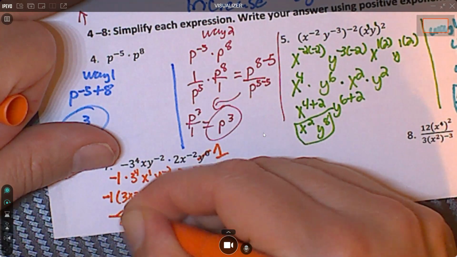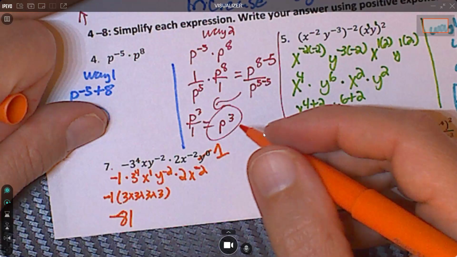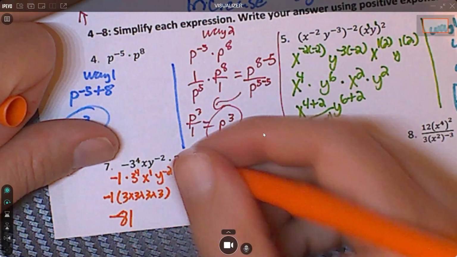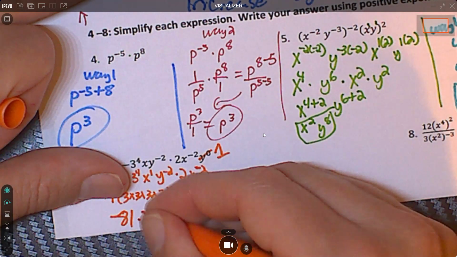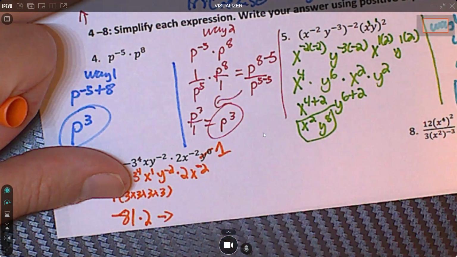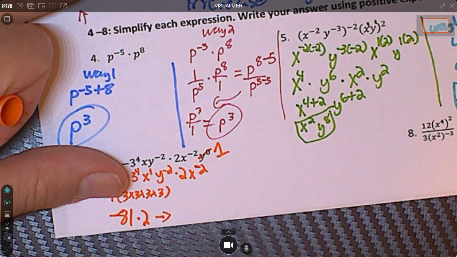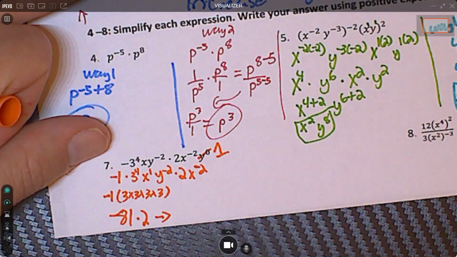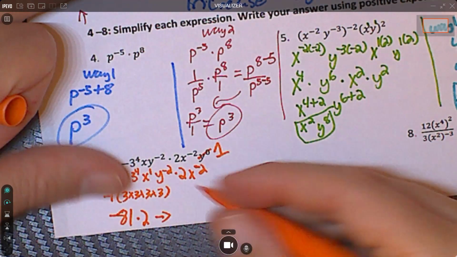This would be negative 81. I forgot about that times 2. This would be negative 162.